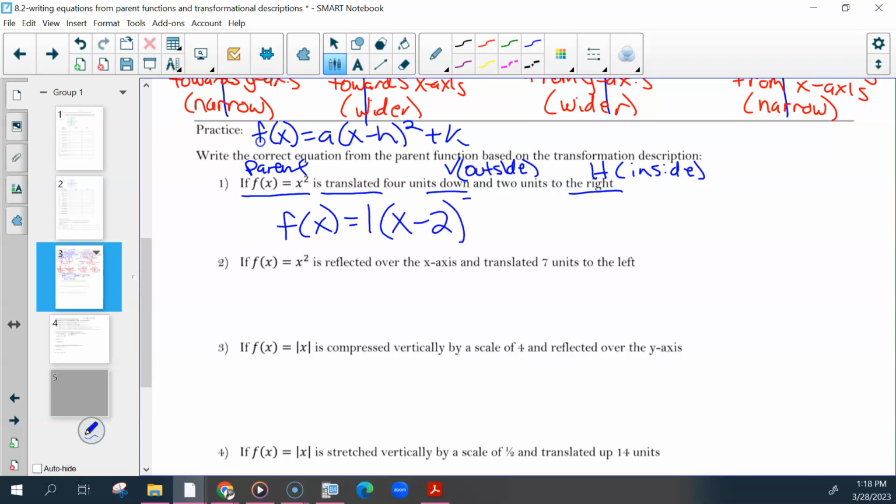So it's always going to be opposite of what you think. So if it says right, you're going to put minus. If it says left, you're going to put plus. And then your 4 units down is whatever it says. It could be plus, it could be minus. It depends on what your example says. So how would I write 4 units down? Minus 1. And then that's it.